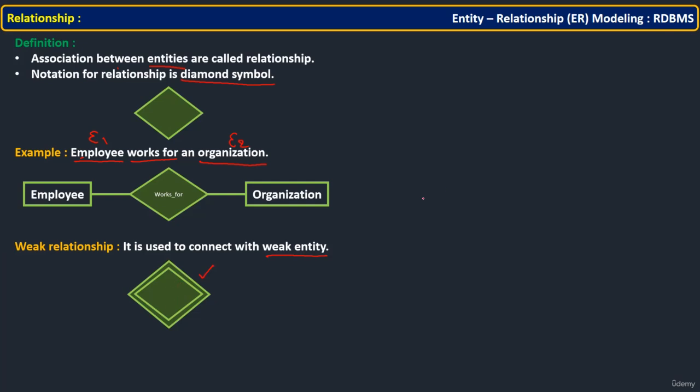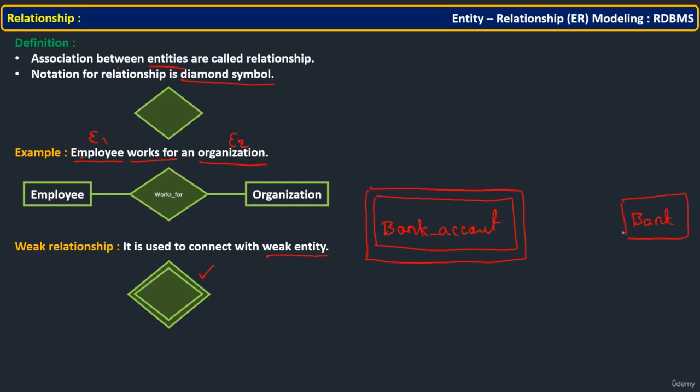Okay, so for example, as we saw earlier, bank account. If you simply take the bank account, there may be duplicate values. So that is why this is going to become a weak entity. Now this we are going to connect with bank, like SBI bank. So if you connect bank to this one, then we are going to take a diamond here, but that is a weak relationship.